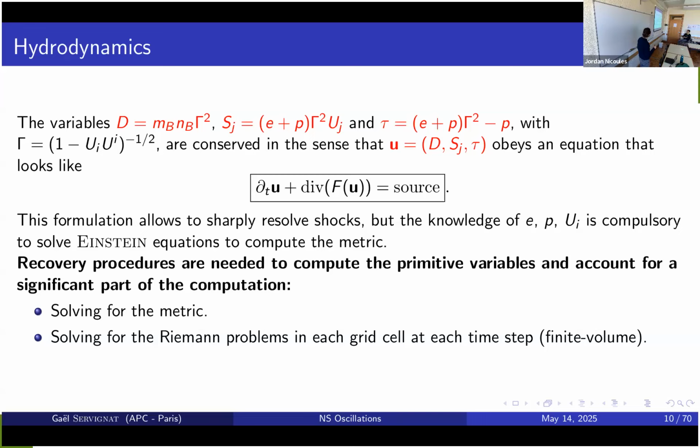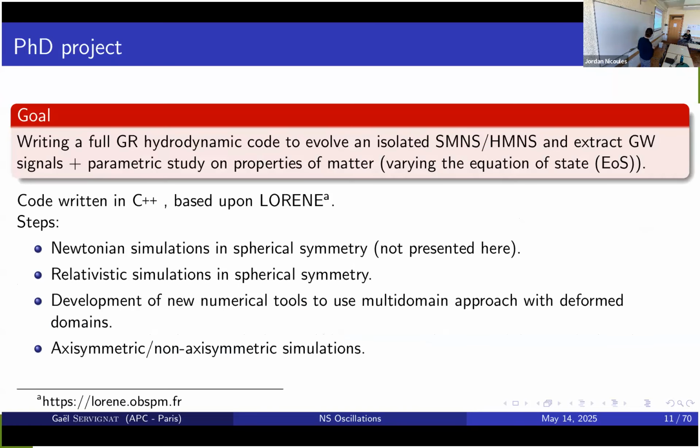And what if we were able to actually evolve directly these primitive variables? So this is the goal of IKG. The point is, we want to write, I say full GR, but it's not full GR yet, to evolve hypermassive or supermassive neutron stars, so they are not hypermassive yet, but they still rotate.